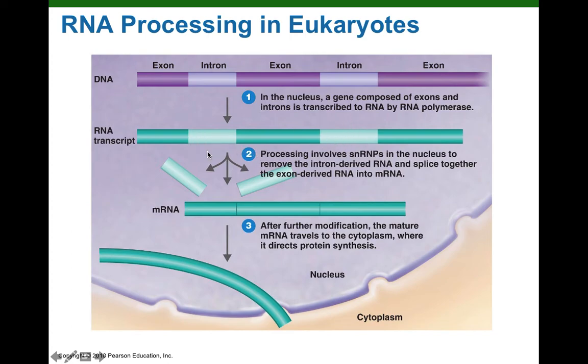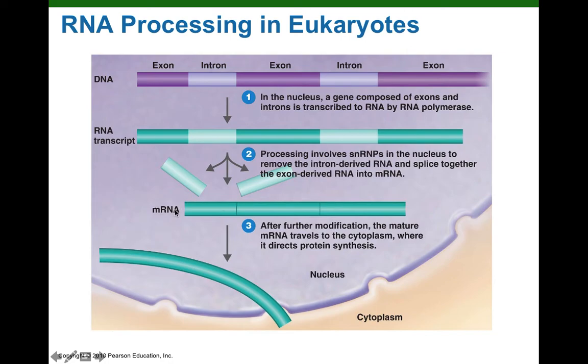Within the nucleus, the intron RNA is going to be cut out, and then the ends of the exon RNA are going to be spliced together. So this is some major editing going on in eukaryotes that we do not see in prokaryotes. And then furthermore, once we have our spliced mRNA, the cell further chemically modifies both ends.